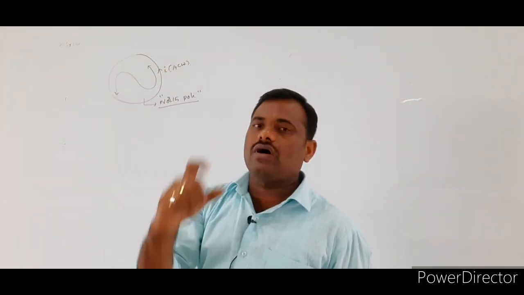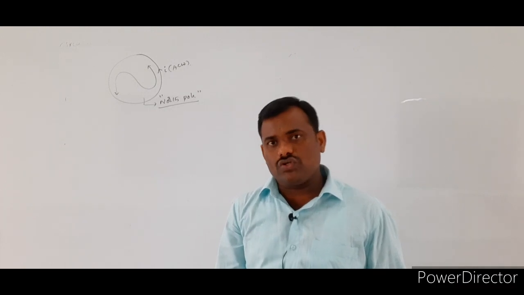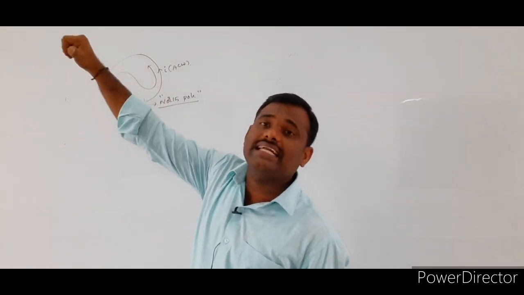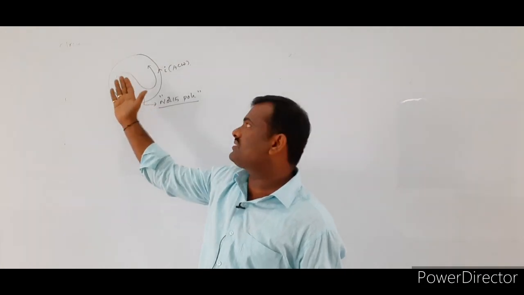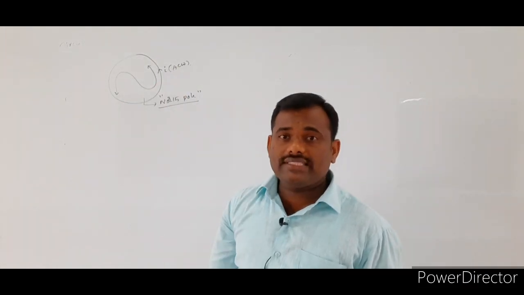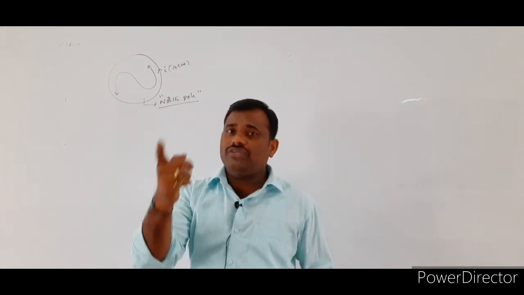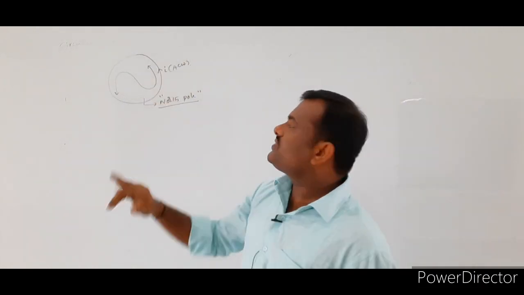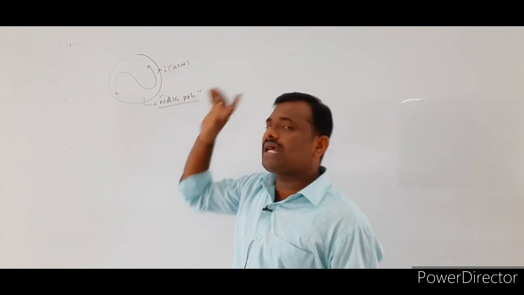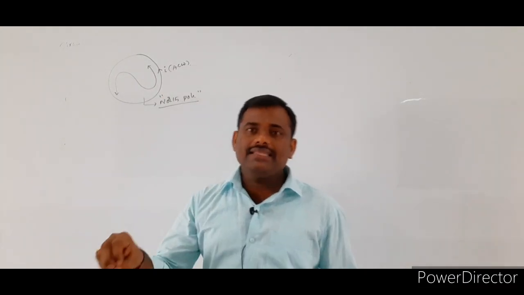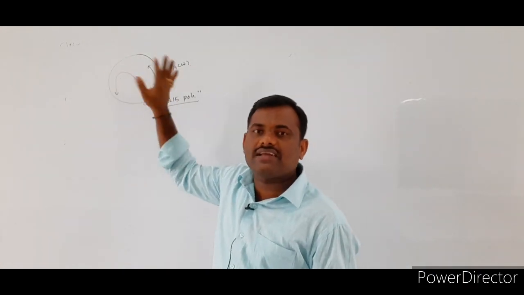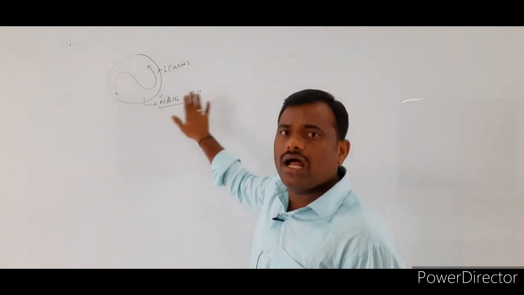The thumb represents the direction of the lines of force, which gives the direction of the magnetic field. Magnetic lines of force always come out of the north pole only. So whenever the current in the loop is in the anti-clockwise direction, that surface acts as a north pole.